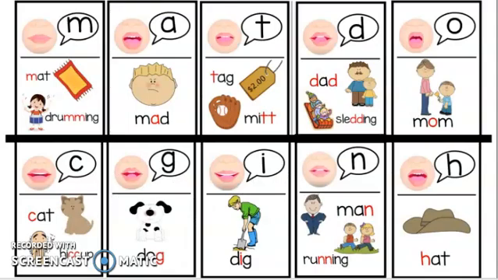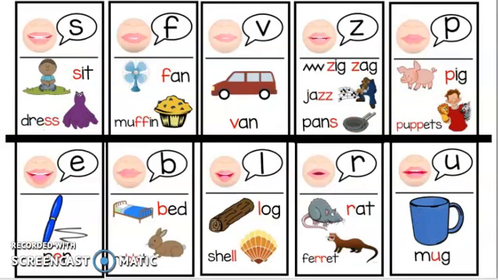Just like we've been doing, you're going to point to a random sound. Your child is going to tell you the sound that it makes, and then they are going to write it on a piece of paper or a piece of construction paper. So pause here and resume when you're ready. Same thing for here.